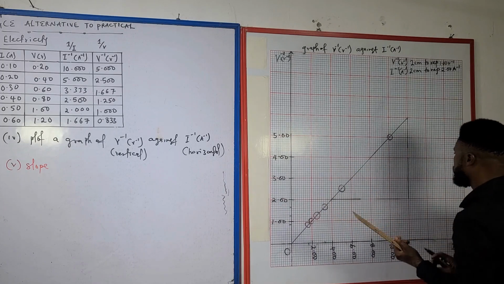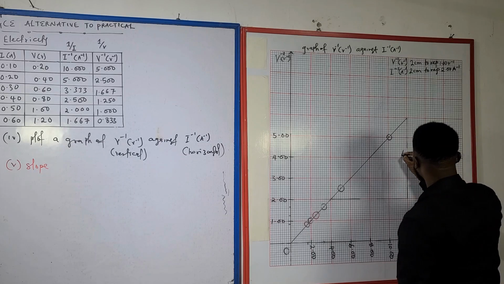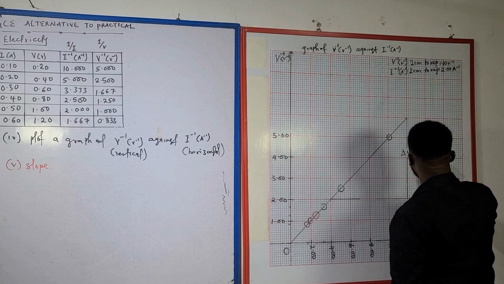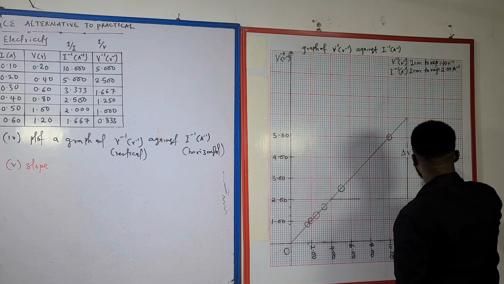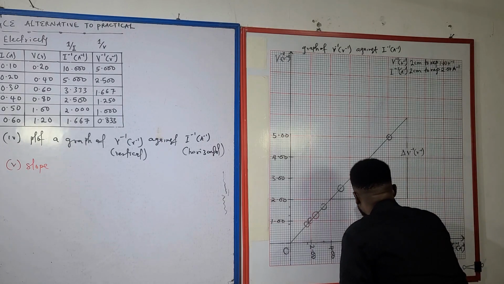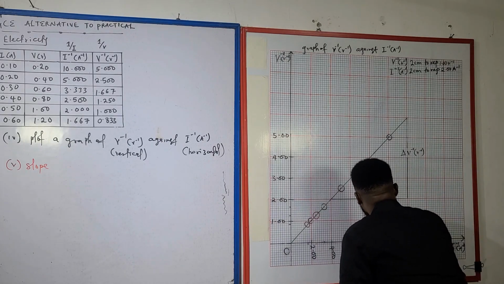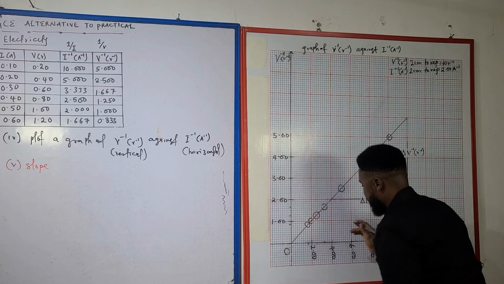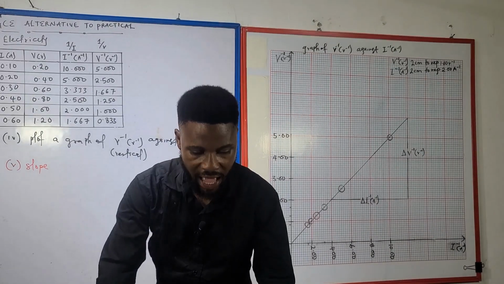Boom. So there you have it. So this is going to be my change, delta, change in inverse of the voltage in per volt, and this is going to be my change in the inverse of the current in per ampere. So I haven't done that.